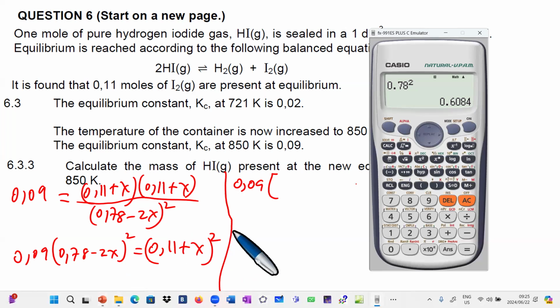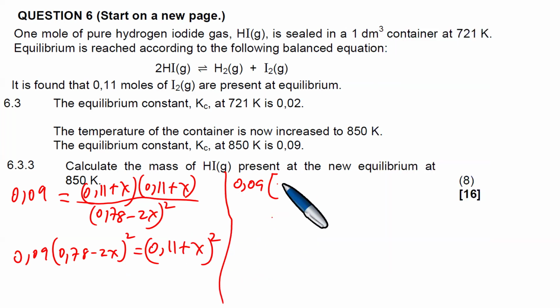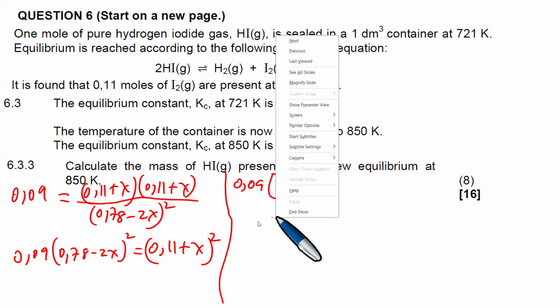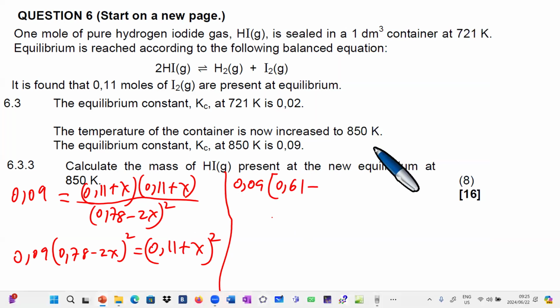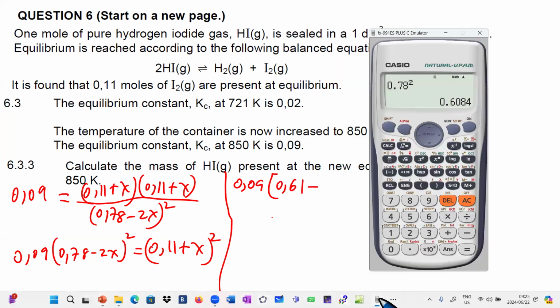Let us write this one as 0,61. Minus this times 2, minus 2 times 2, it's minus 4 times 0,78. Try to be a little bit faster to do this one here. Okay, let's just do it.